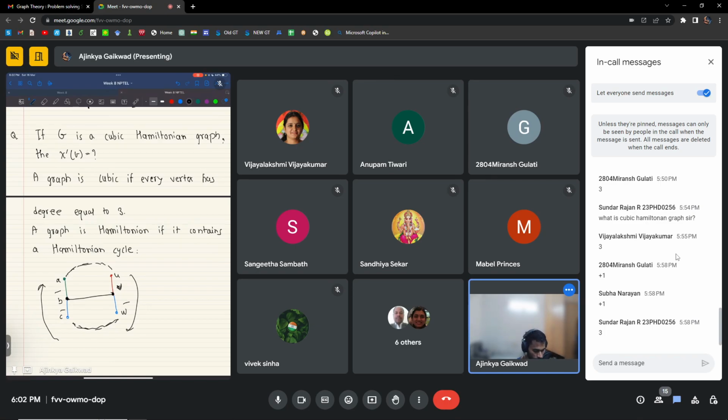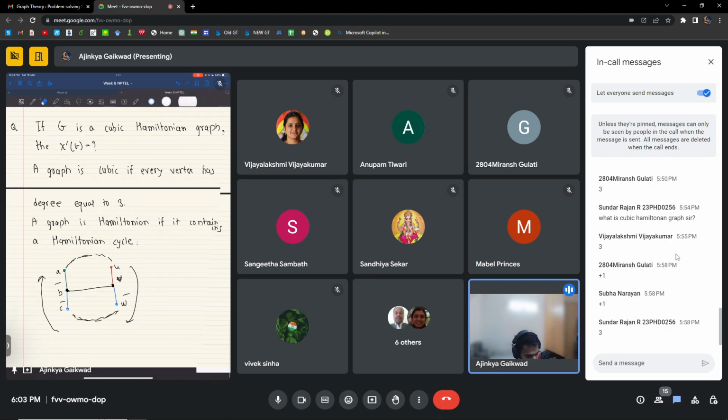Because you cannot use green and blue because of ABC, and you cannot use red and blue because of UVW. So clearly, if you have an odd length Hamiltonian cycle, then you are in trouble because of such cases.